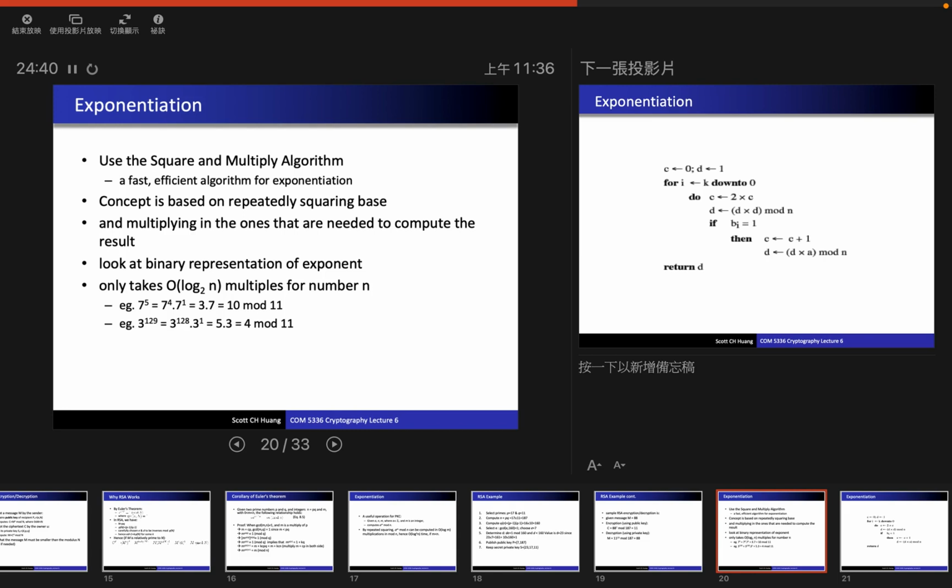You have a number, and you actually reduce this power to a smaller number, significantly.